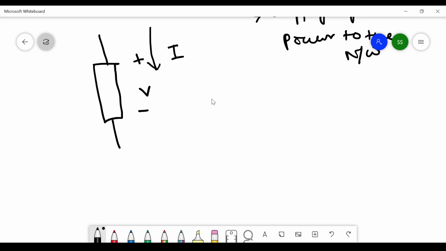Now what is power? Power p(t), which is changing with respect to time, as the voltage and current also change with respect to time, is v(t) into i(t).